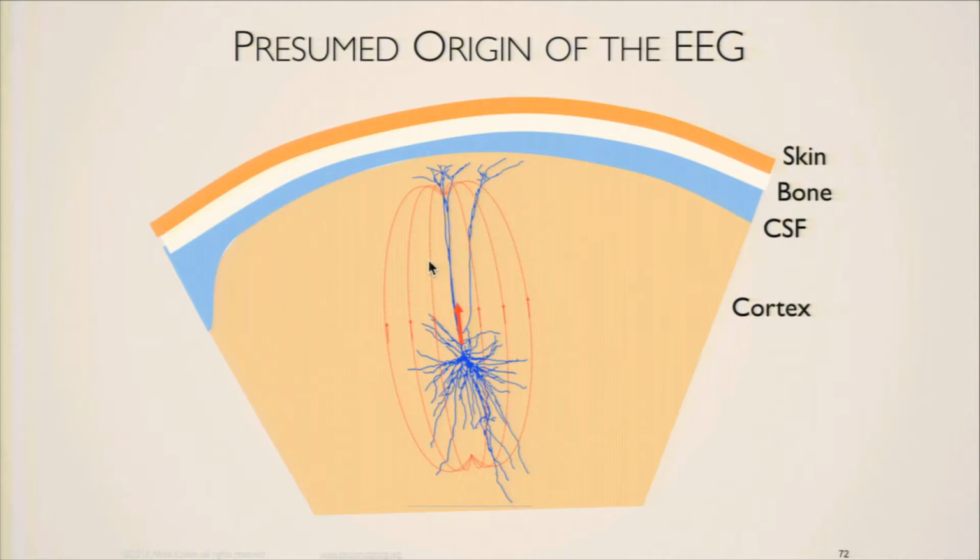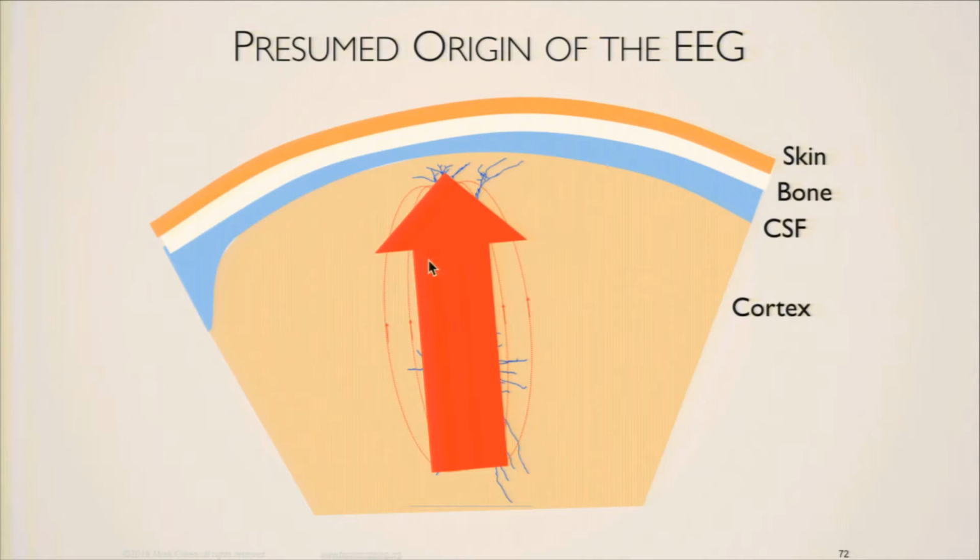And with enough of this going on, you end up with effectively a single relatively large current going through these hundreds of neurons, which is reflected as a voltage potential difference at the head. The charge separation in these currents generates a voltage difference. And that voltage difference is what can be used for the electroencephalogram. It's the summated effects of many, many neurons.